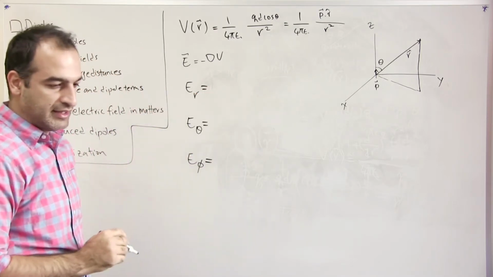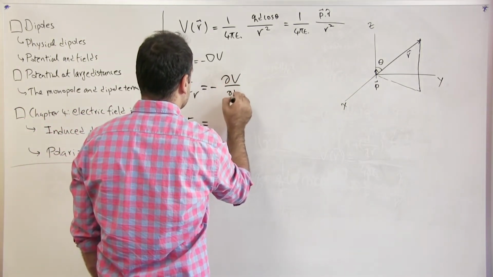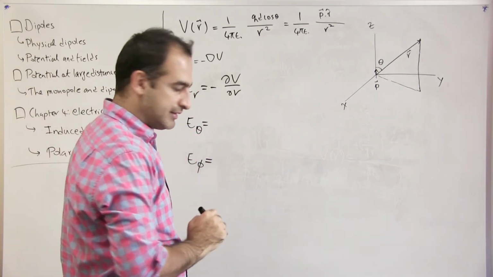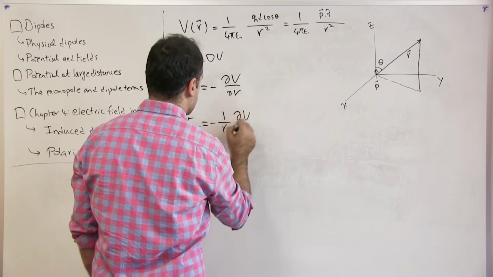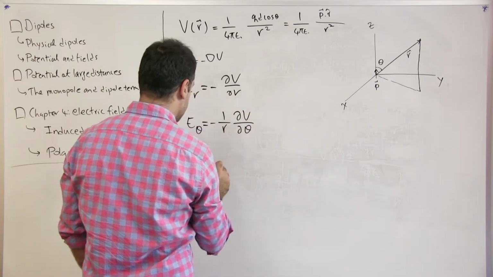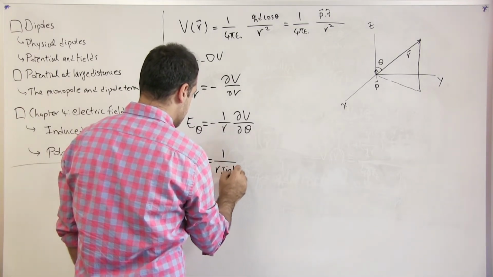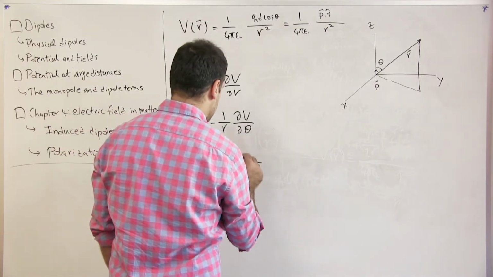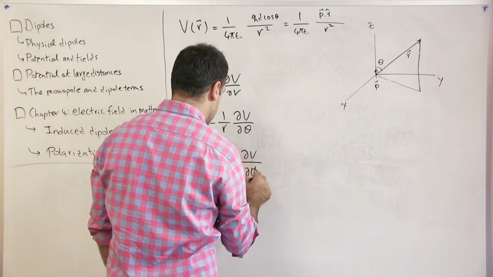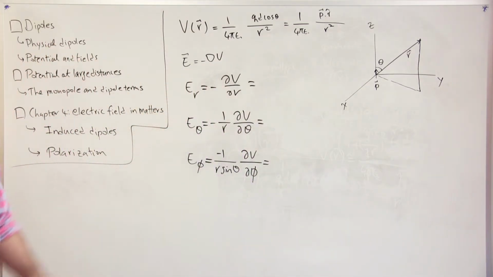The R component is the negative of the derivative of V with respect to R. The theta component is negative 1 over R partial V partial theta, and the phi component is negative 1 over R sine theta times dV over d phi. So we need to calculate these three electric field components.